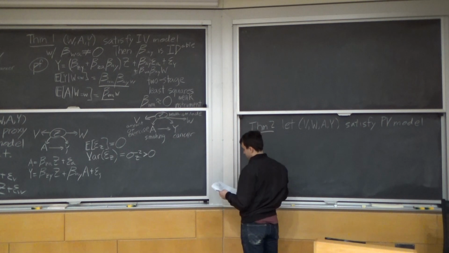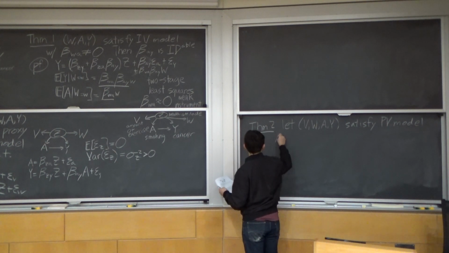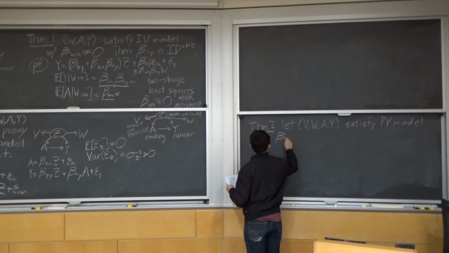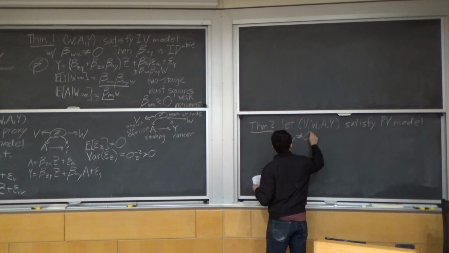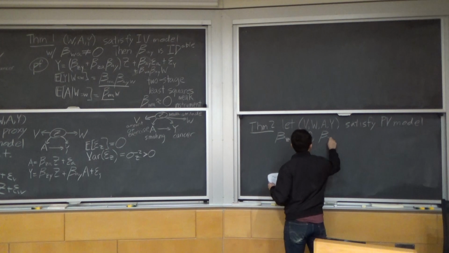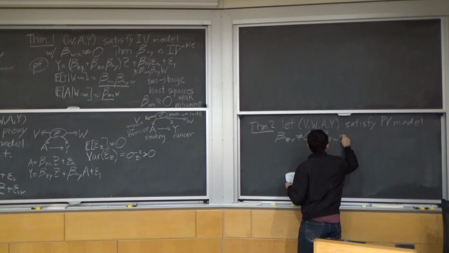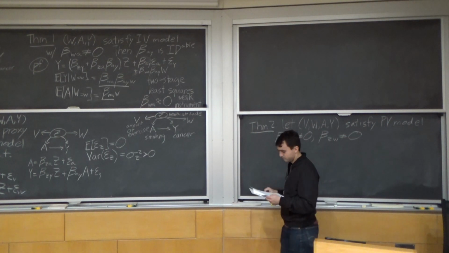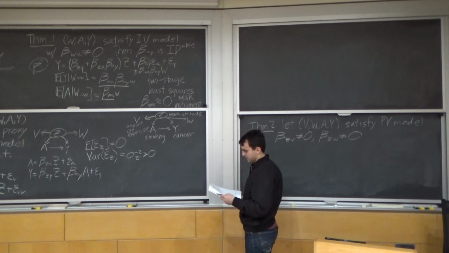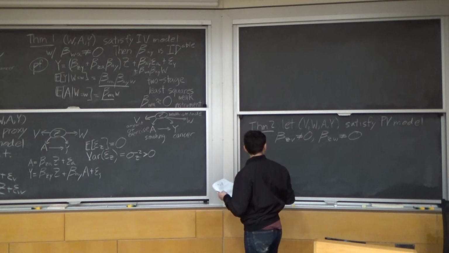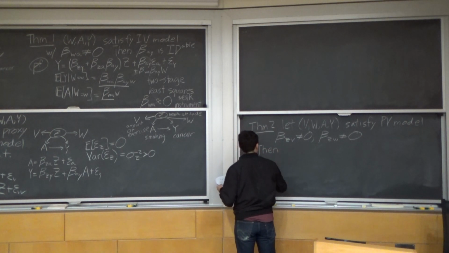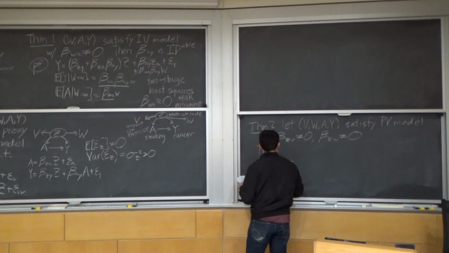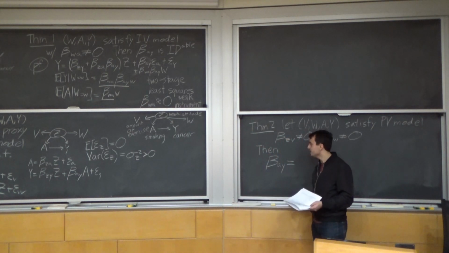We're going to need both the proxies to be true proxies, so we need beta_zv not equal to 0, and beta_zw not equal to 0. Then we're going to have that beta_ay can be written in a number of ways.